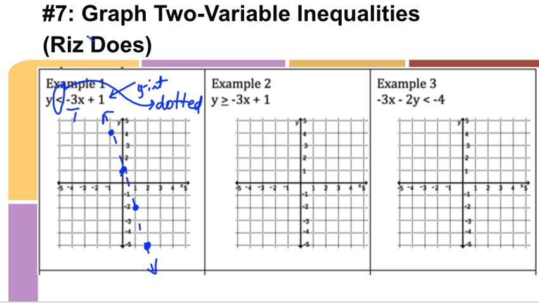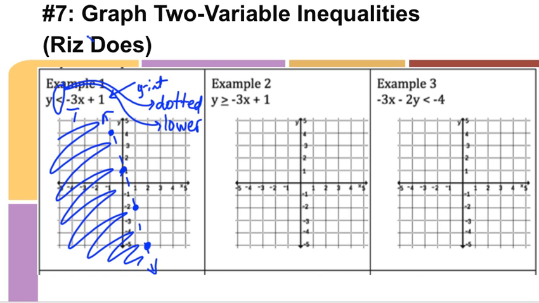So now if I check my table, I also know that a less than means that I'm going to shade lower than the line. So there are two big sections here, all right? I've got this big blue section that I've split up, and this big green section.